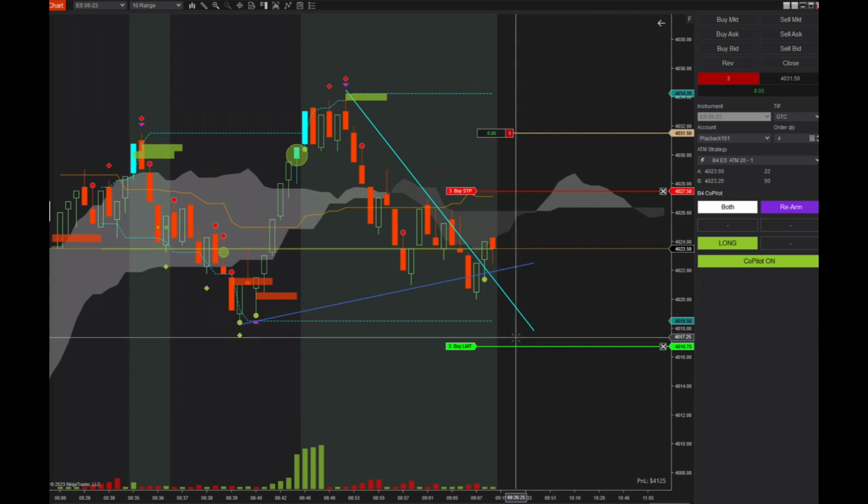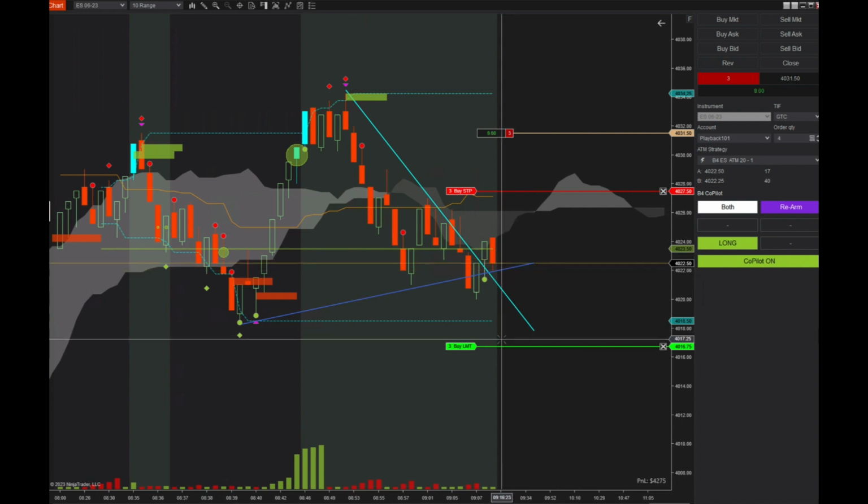Overall, the cloud there is showing to the downside. Let's see if we're going to reject here. Yeah, it's following the bottom of that cloud right now.